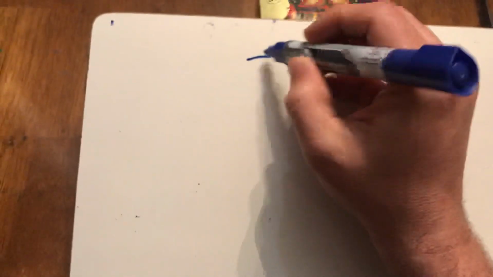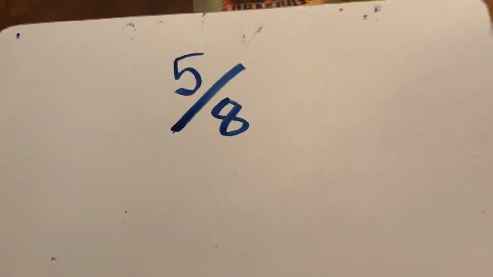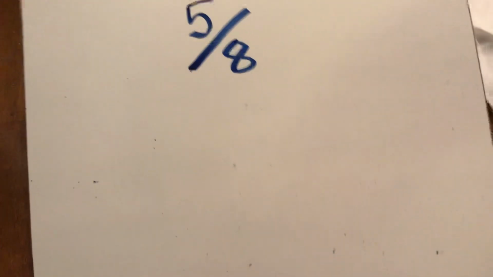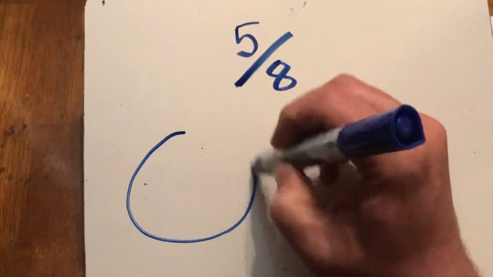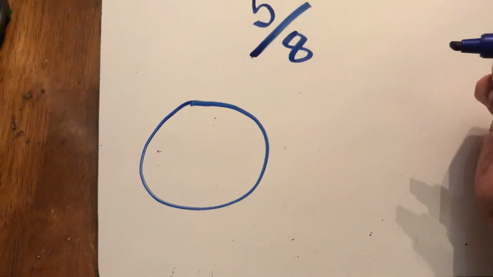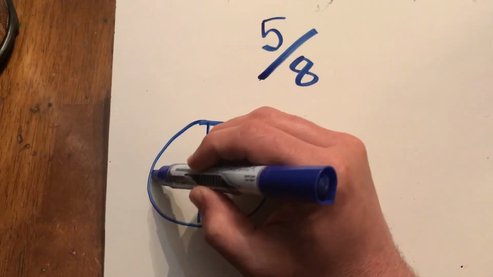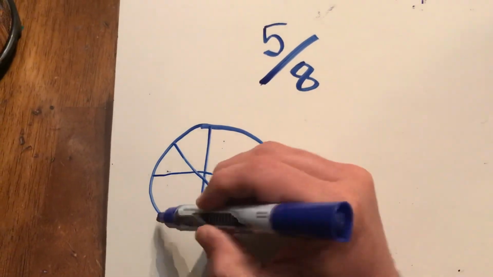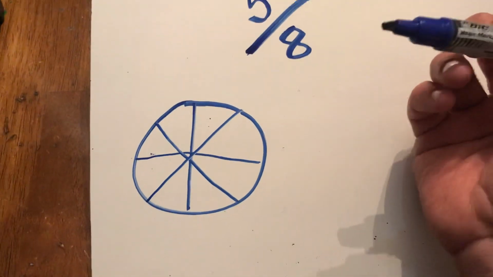So for example, if the fraction was 5/8, you could draw 5/8 in a couple ways. One way might be to do a shape. Usually a circle or a rectangle is a good way to do it. 1/8, if we make it into 4ths and then cut those in half, that gives us 1/8. And my pieces are equal-ish.